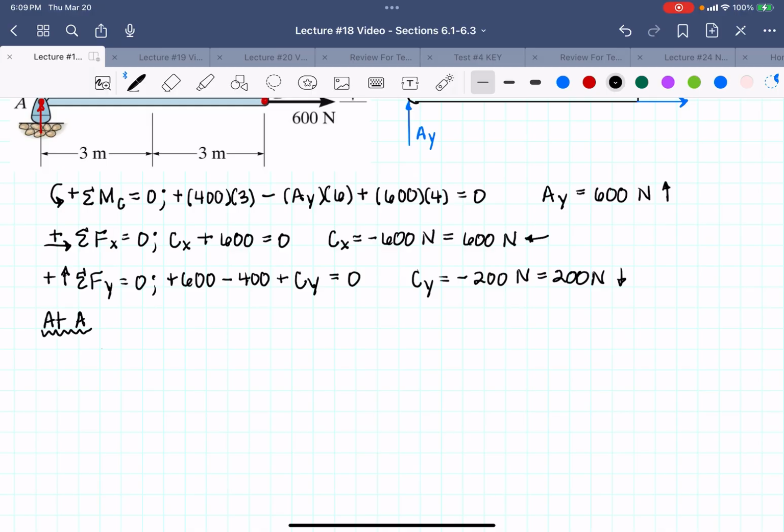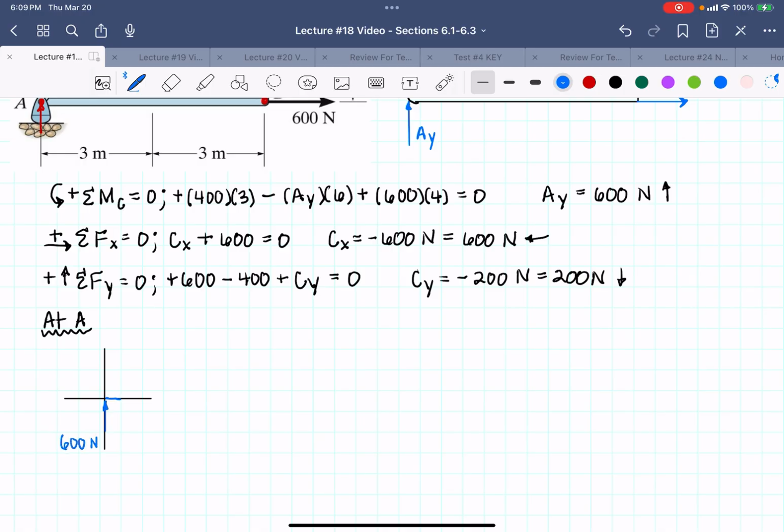And I'm going to draw my axis. So I've got my Y, I've got my X. All right, let's look at what we've got. So we've got A of Y, which is going up because we assumed that correct, and that is 600 newtons.